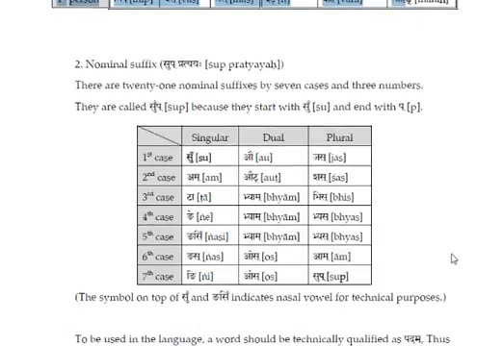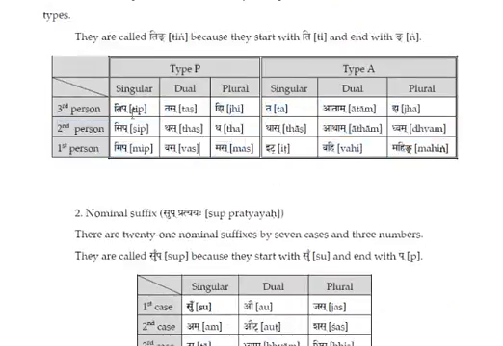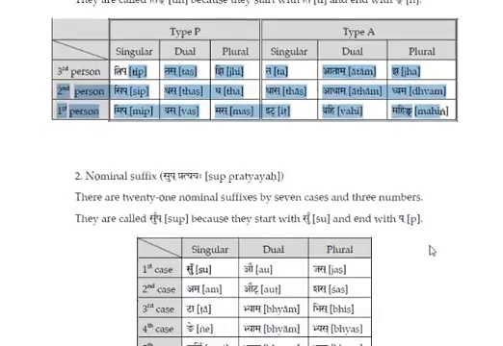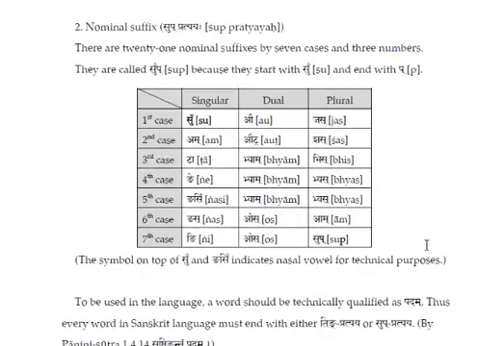So for each single word in Sanskrit, you want to be able to identify which suffix the word ends with. And then you can tell technically, grammatically, how the word is playing its role in the sentence.